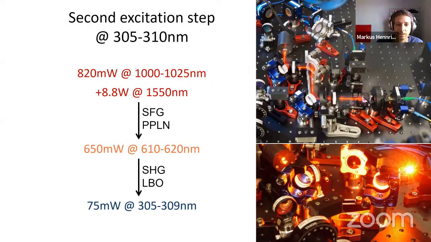There we do sum frequency generation of two commercial lasers, one at 1000 to 1025 nanometers and the other at 1550. We do the sum frequency generation of that to 610 to 620 nanometers, and then in the end another doubling stage, also commercial, to 305 to 309 nanometers. So we get on the order of 75 milliwatts of power in the end.